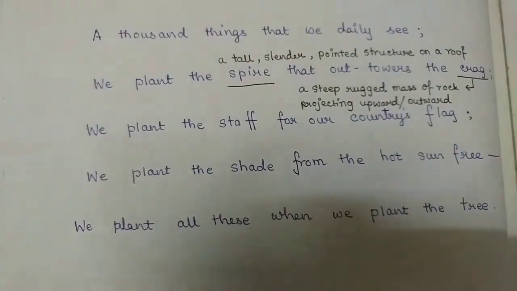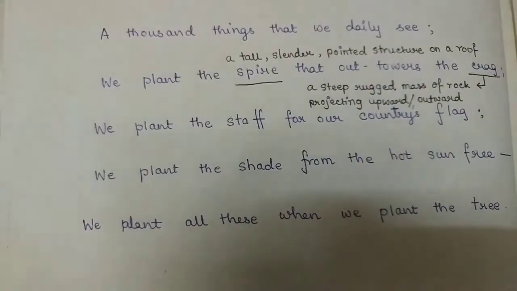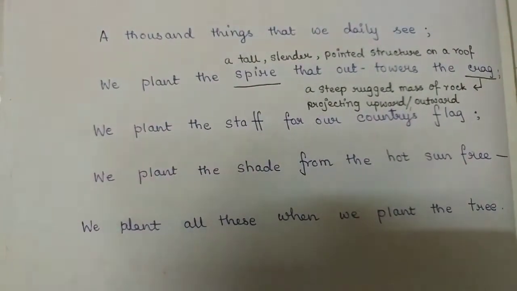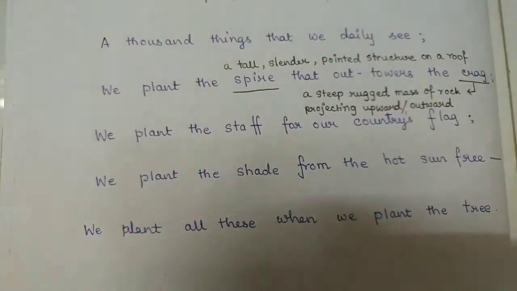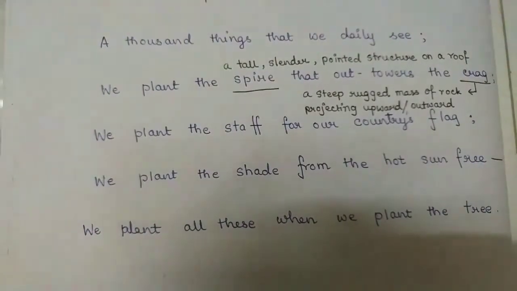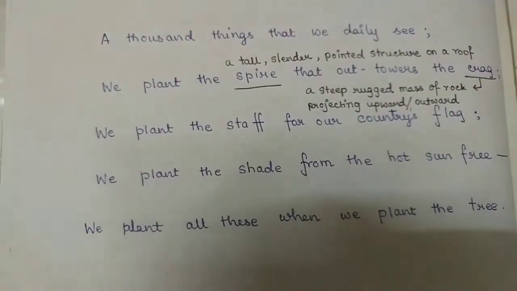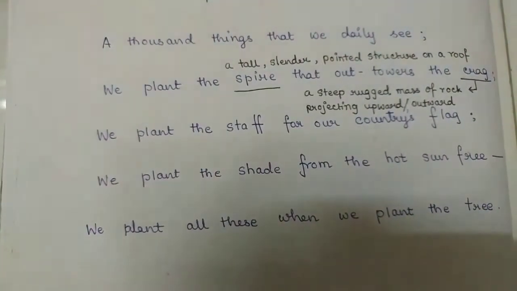We plant the staff for our country's flag. The flag is something of national pride for every citizen of a country. The staff is the long pole along which the flag is attached. The piece of cloth that is attached is not only a piece of cloth, it carries a lot of sacrifices, a lot of bloodshed, a lot of promises.